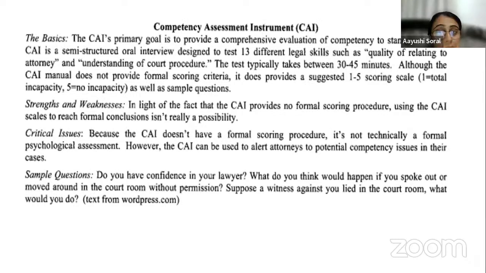So when you talk about confidence in your lawyer, I'm talking about whether I feel that he is legally skilled as a lawyer. I think this CAI is done on the person who is going to take part in the legal procedure, the trial.